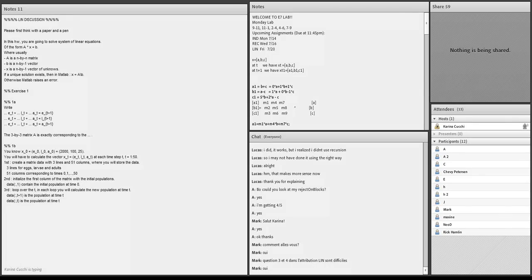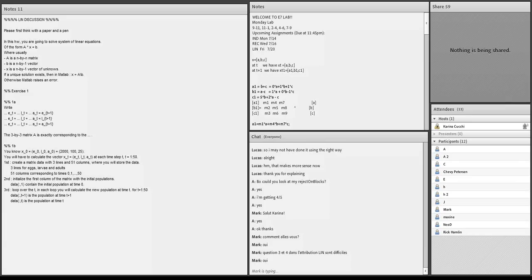Well, I guess, so that depends on t, right? You can write, for example, for t equals 1 to 50, and so in the first loop your t will be equal to 1, and data t+1 will correspond to the second column, and this will be the population at time t+1.